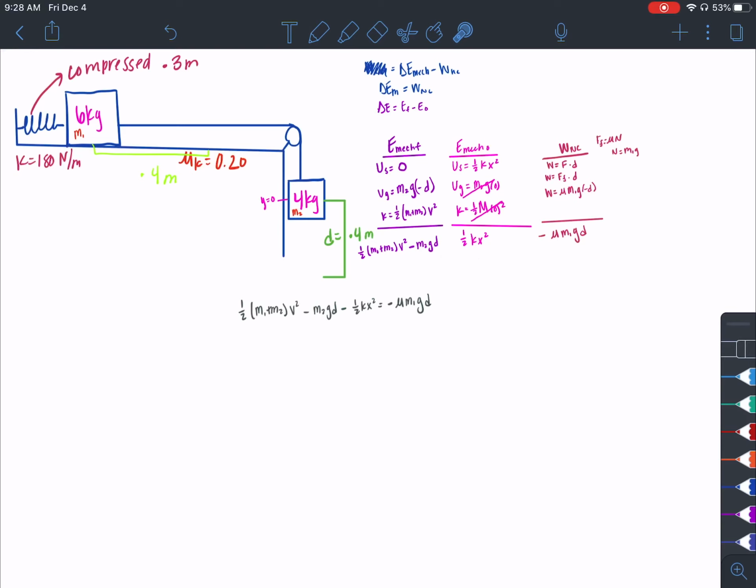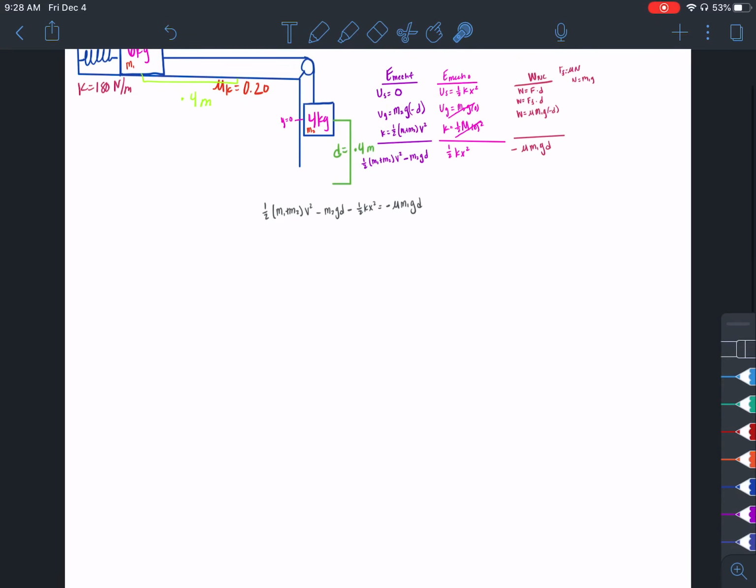So putting these things into this formula, our change in mechanical energy has to be equal to our work non-conservative. And here negatives do matter, so once again, we're losing the energy. We're going to finish the problem, then we'll talk about another way to look at it.